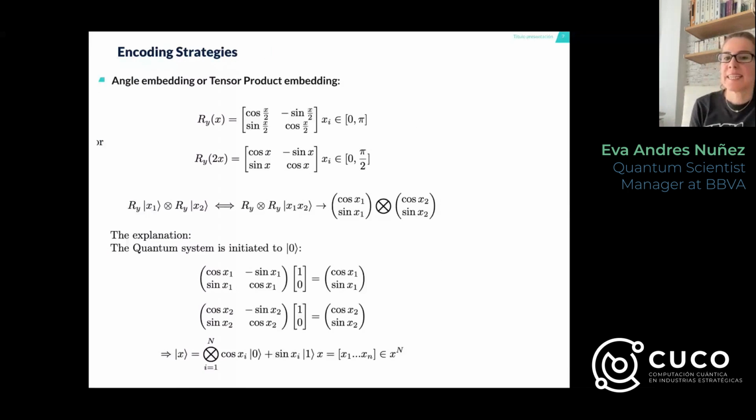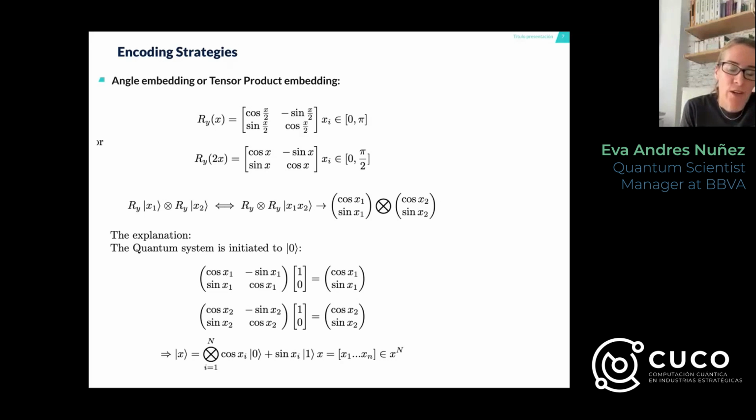Other strategies are the angle embedding or tensor product embedding, very often used in quantum algorithms, that consists only of applying a rotation gate to classical data. There is another variant of this strategy named dense angle encoding that takes advantage of the relative phase, applying a phase shift gate after the rotation gate.